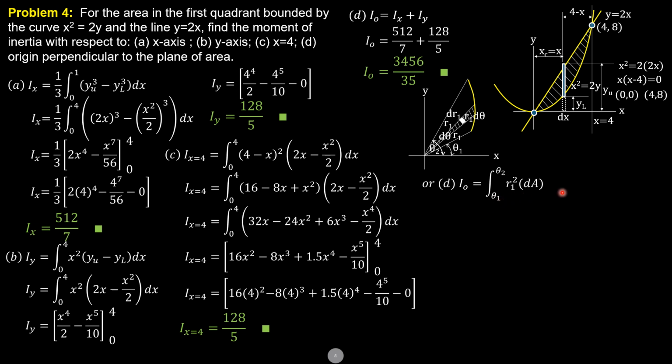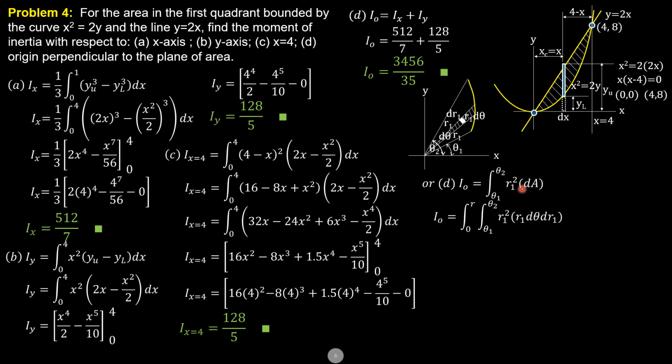And it should be by double integration because we have two variables here, r and theta. So replacing differential area by r1 d theta times differential r1, we have integral 0 to r, then integral theta 1 to theta 2.